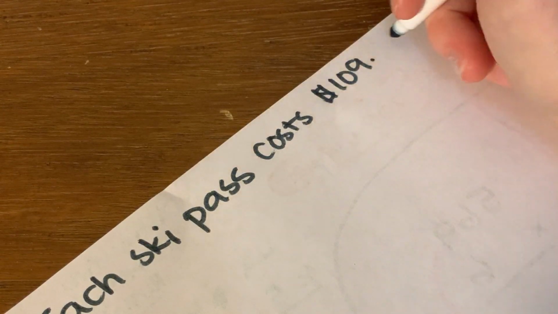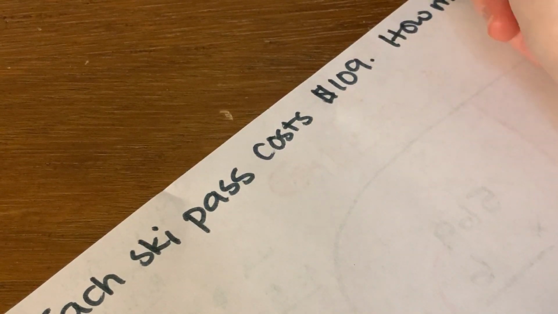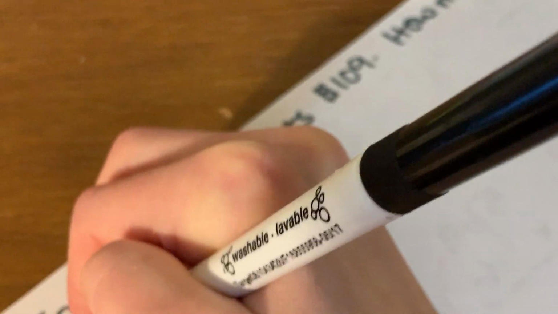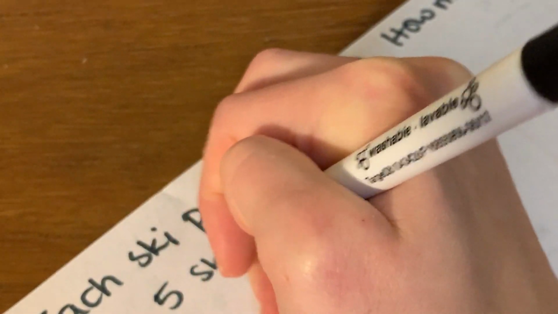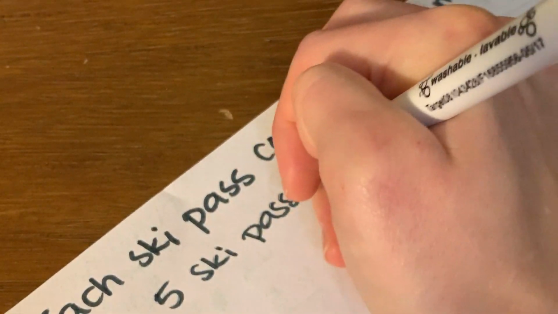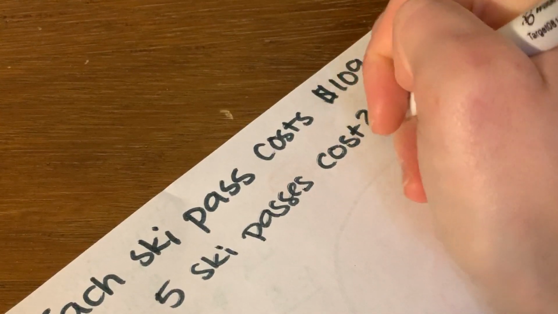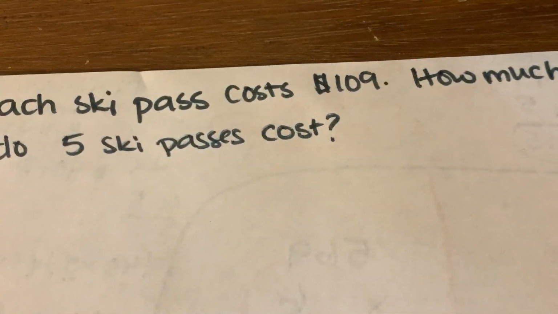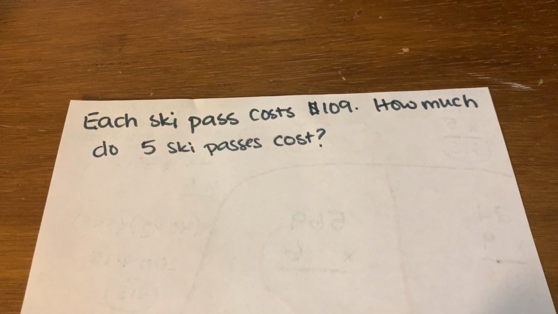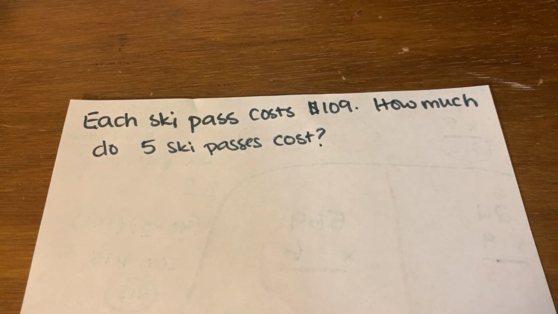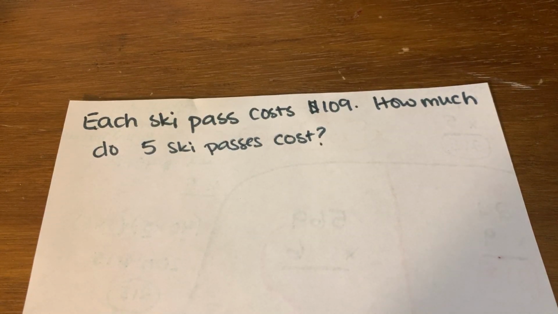How much do 5 ski passes cost? Okay, so each ski pass costs $109. How much do 5 ski passes cost? So we know that 1 is 109 and that we need 5 of them. Go ahead and solve this on your own.